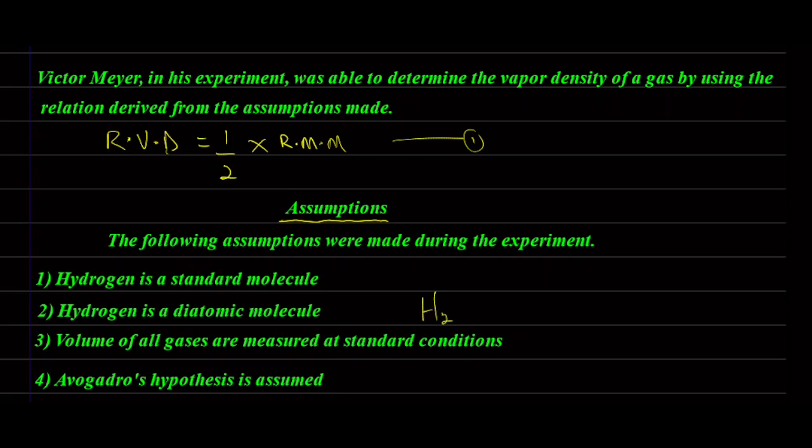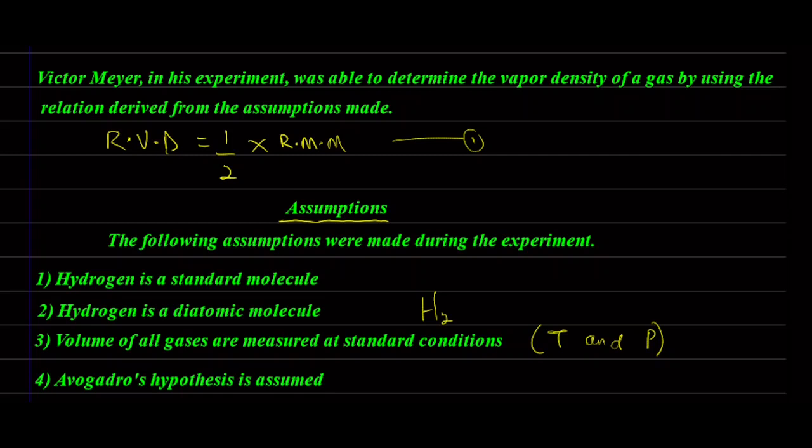Volume of all gases are measured at standard conditions. Our standard conditions here are STP, that's standard temperature and pressure. So he measured the volume of all gases by using standard temperature and standard pressure. Avogadro's hypothesis was also assumed during the experiment.